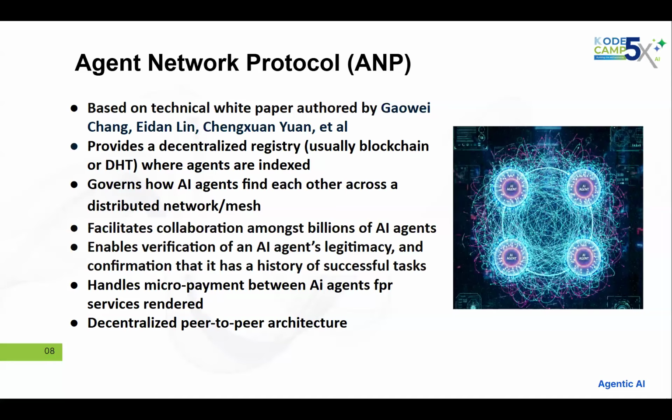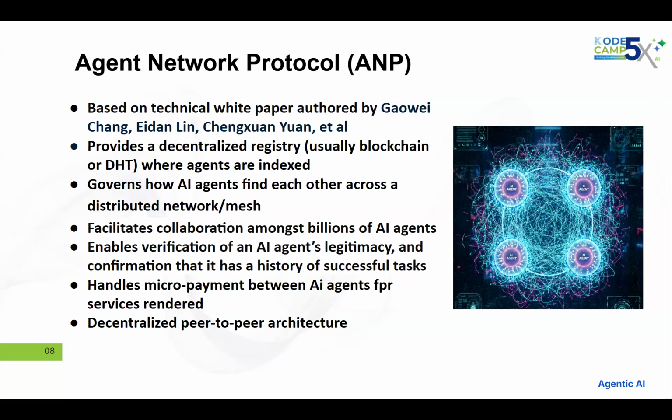With ANP, you can verify that agent's legitimacy, and the index provides you with that agent's task completion history, so you can know whether the agent you found for a given skill set has a history of completing tasks successfully.